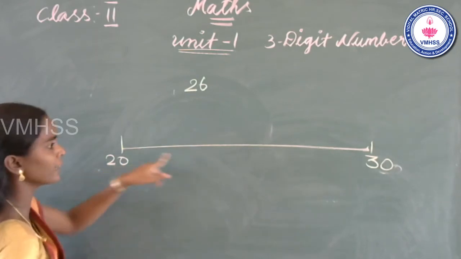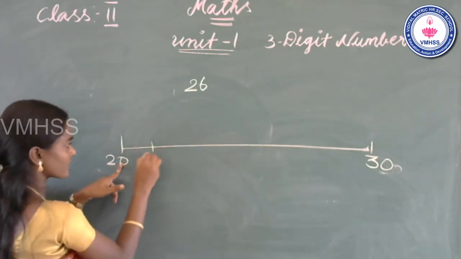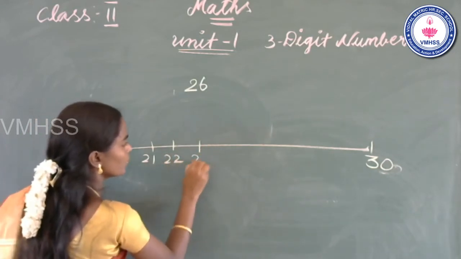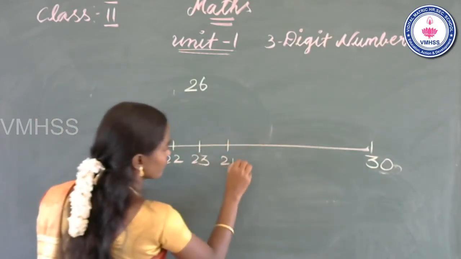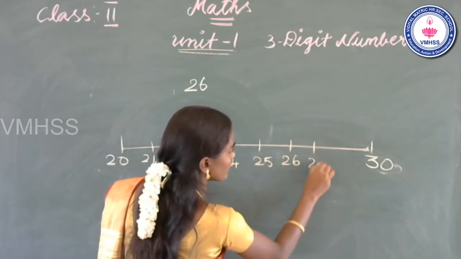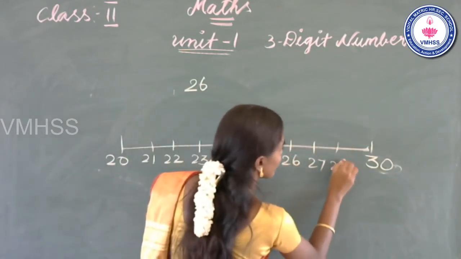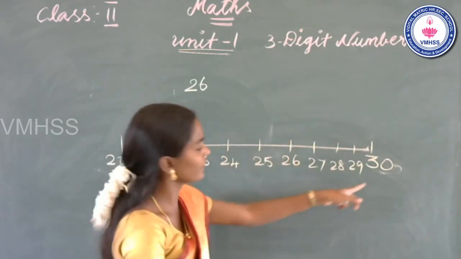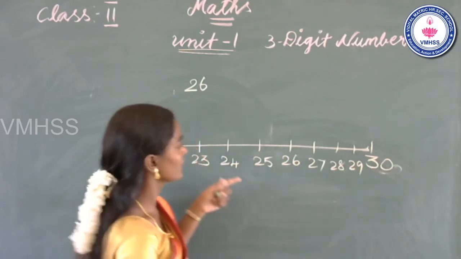Next mark the numbers. So 20, next number 21, 22, 23, 24, 25, 26, 27, 28, 29, 30.